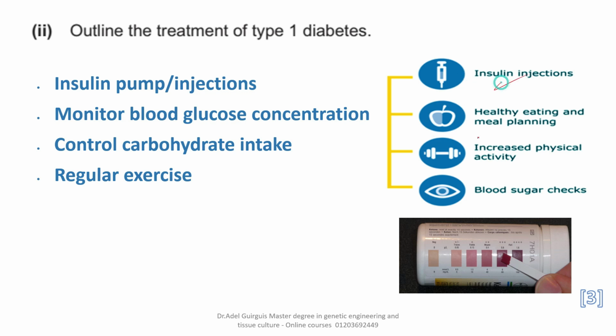Insulin injections, healthy eating and meal planning, fruits of a certain type, not all types of fruits allowed, increase physical activity, regular exercising, blood sugar checks or regulation.